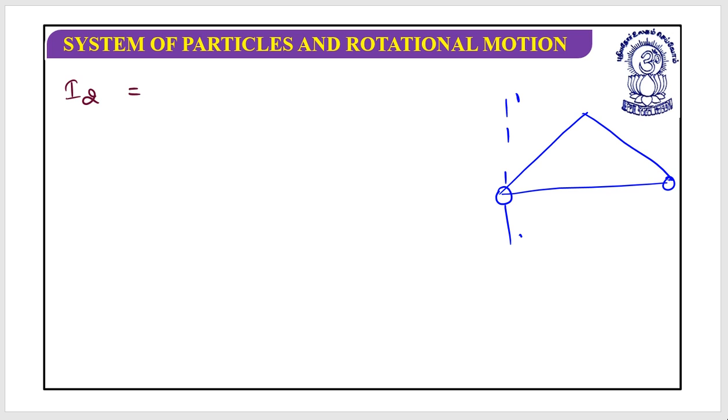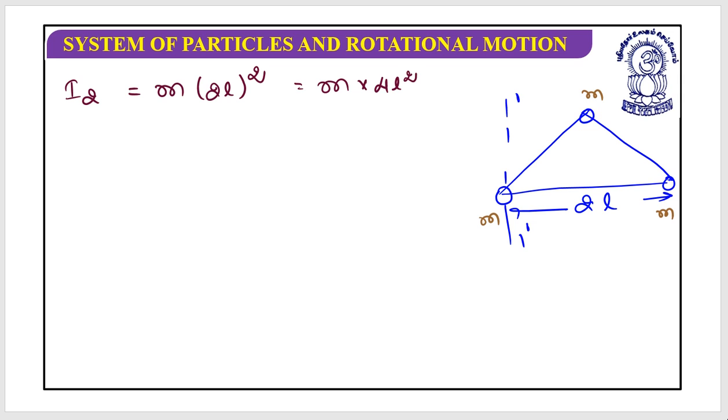This was the 1 1 dash, and the separations were L. An equilateral triangle has been set, and these are all the masses m. Let's write it down. The moment of inertia due to the second mass would be m into 2L whole square, that is equal to m into 4L square.